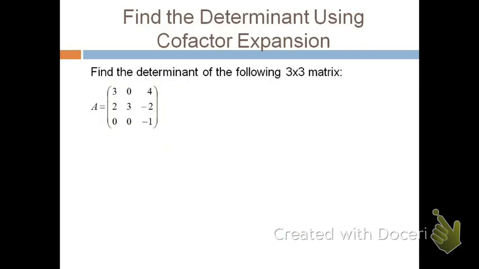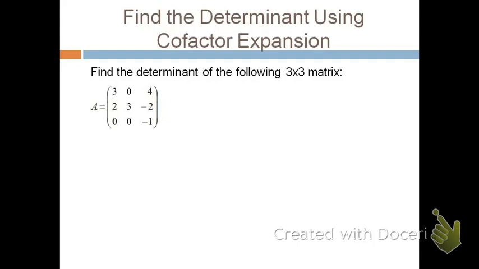Now, using this cofactor expansion, notice this is the same matrix we found earlier using an expansion of the first row. I would like you to think about it again using cofactor expansion and see if there is an easier row or column.